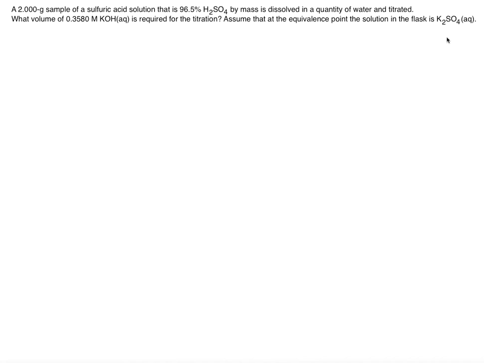Okay, so the first thing we're going to do is write the base and acid reaction. Let's start with the base. We're going to write the potassium hydroxide, aqueous, plus the sulfuric acid, H2SO4, also aqueous.